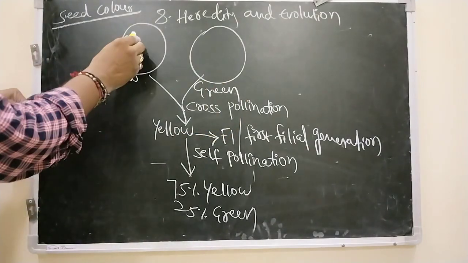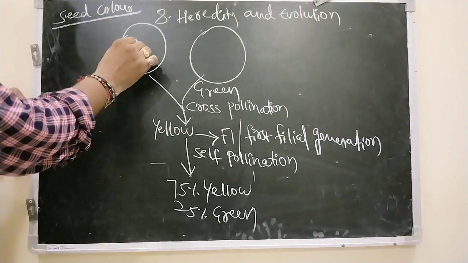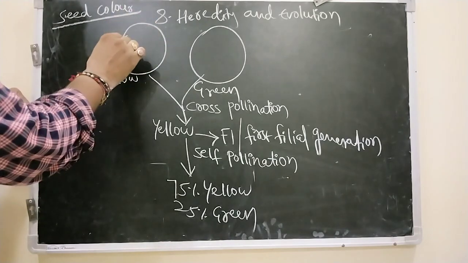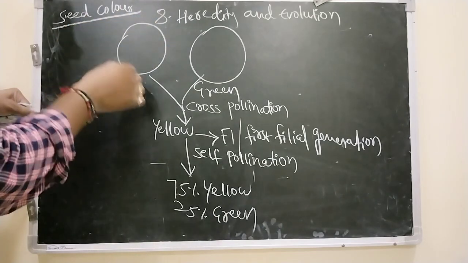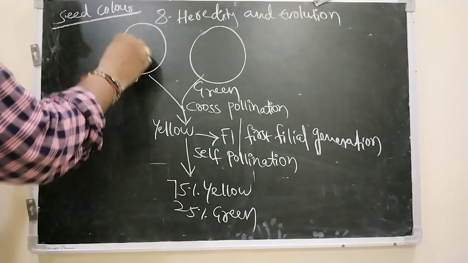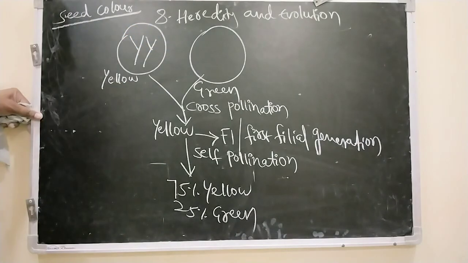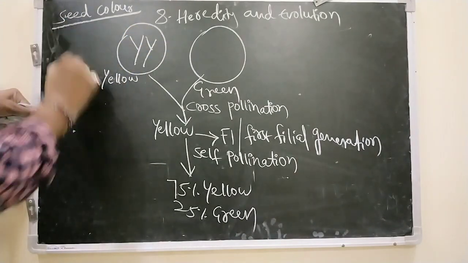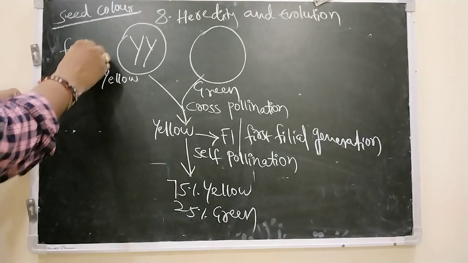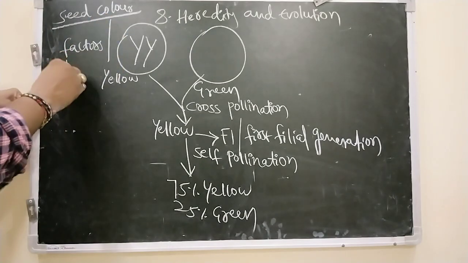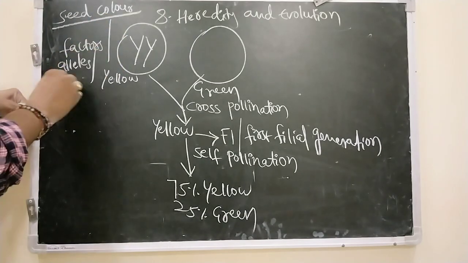And he is saying, why is this color yellow? Those responsible for this seed to be yellow are capital Y, and they are called factors or alleles or genes.